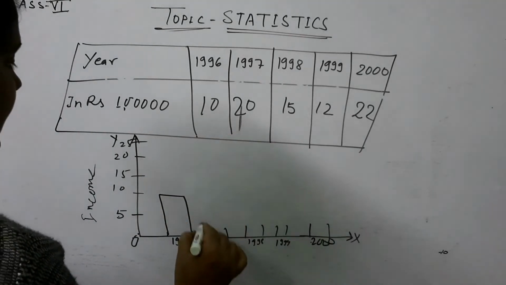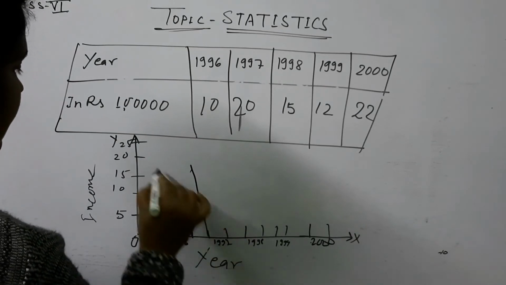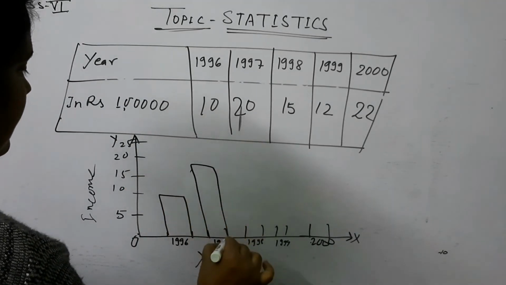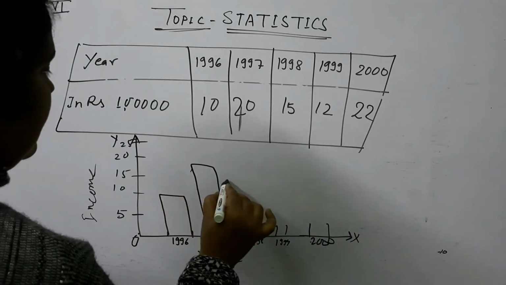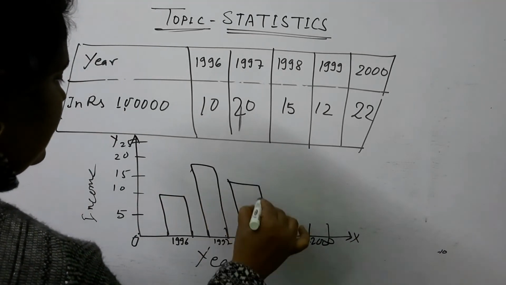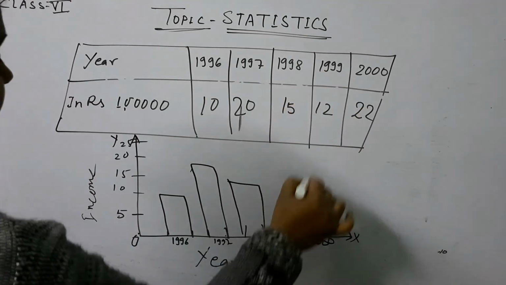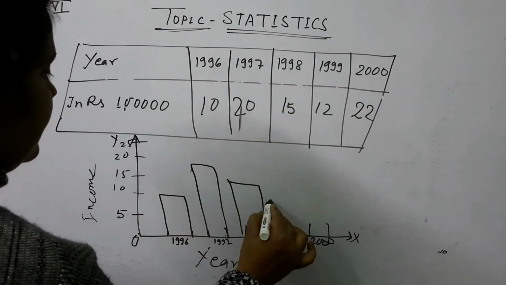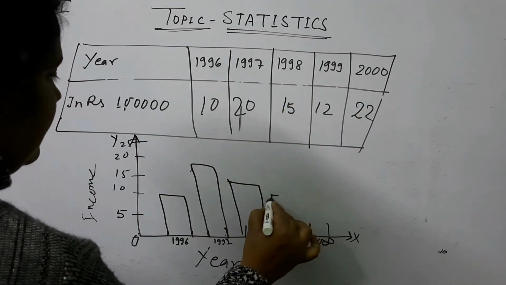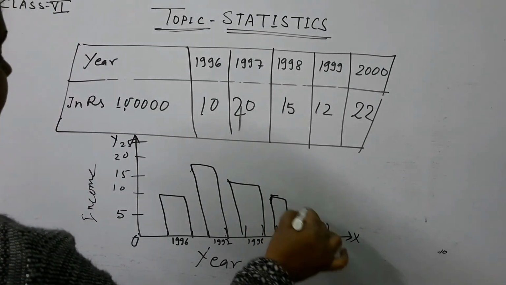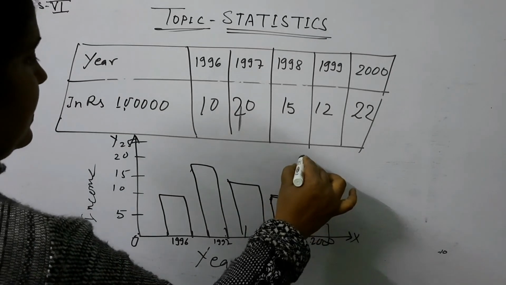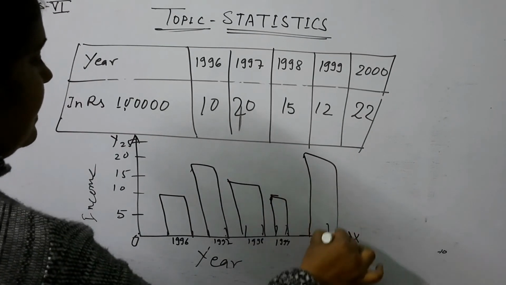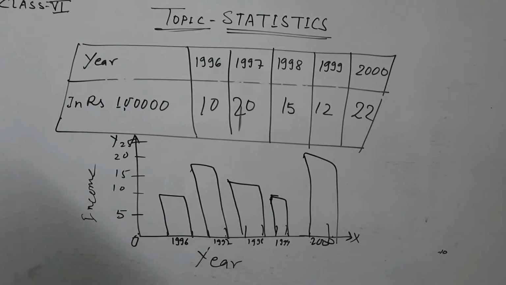In 1997 it should be 20. In 1998 it should be 15. In 1999 it is 12. In 2000 it is 22, meaning more than 22. This is the way to draw the graph.